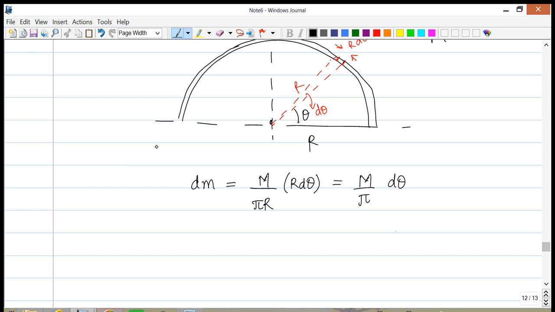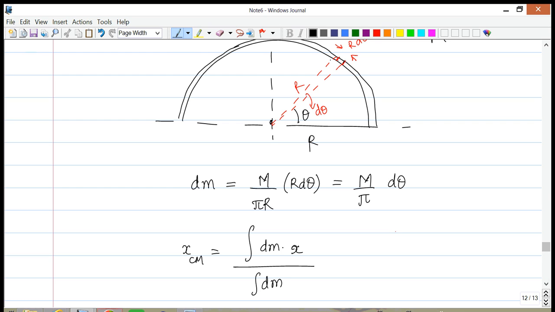To find the x center of mass, I'm going to use my basic equation: x center of mass equals the integral of dm multiplied by x, divided by the integral of dm. I'm not going to put the limits in for the integral yet. The limits will become obvious as soon as we write x in terms of theta.